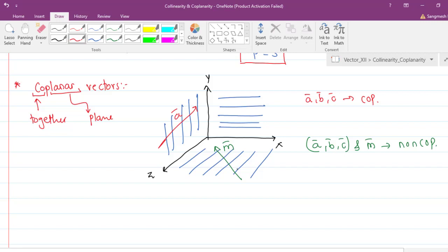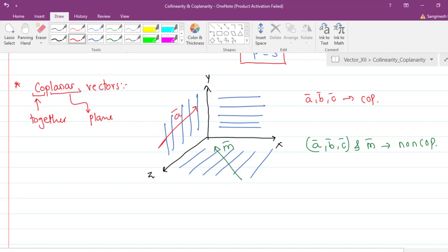Yes, very good. See here, though you are seeing only three planes here, that is xy plane, yz plane and zx plane, there are n number of planes you can draw for any two vectors.